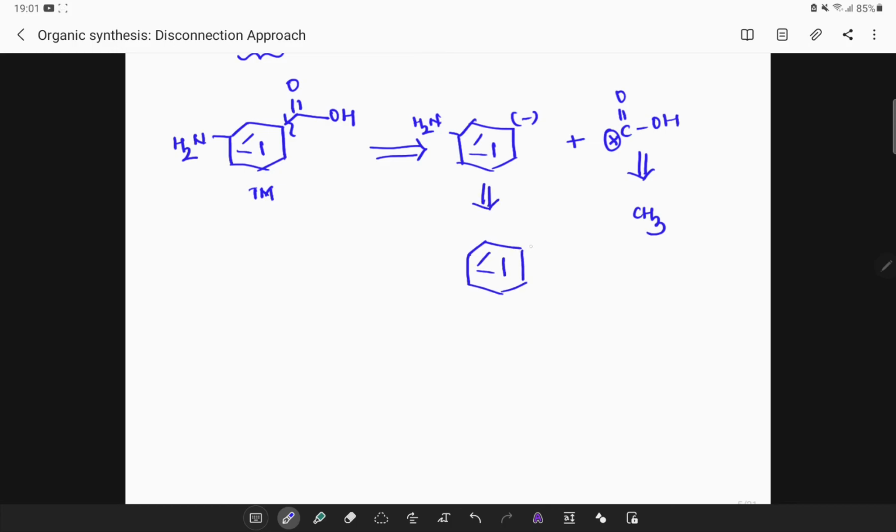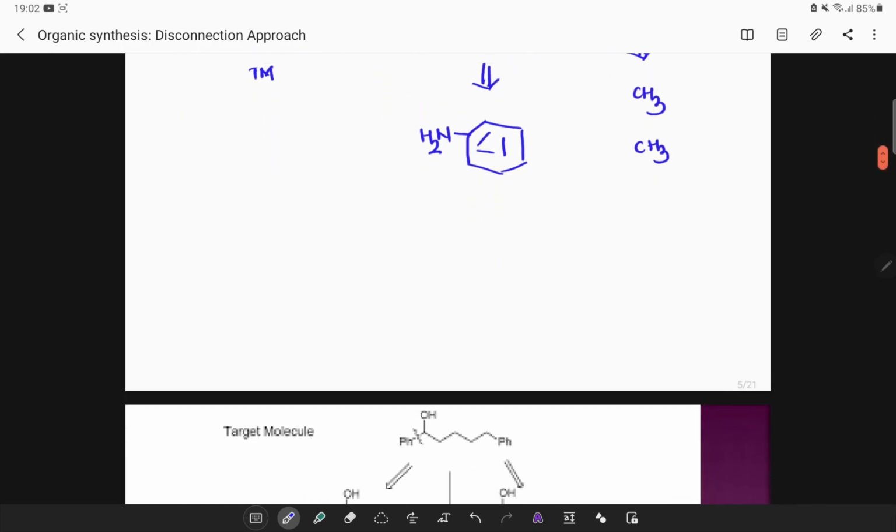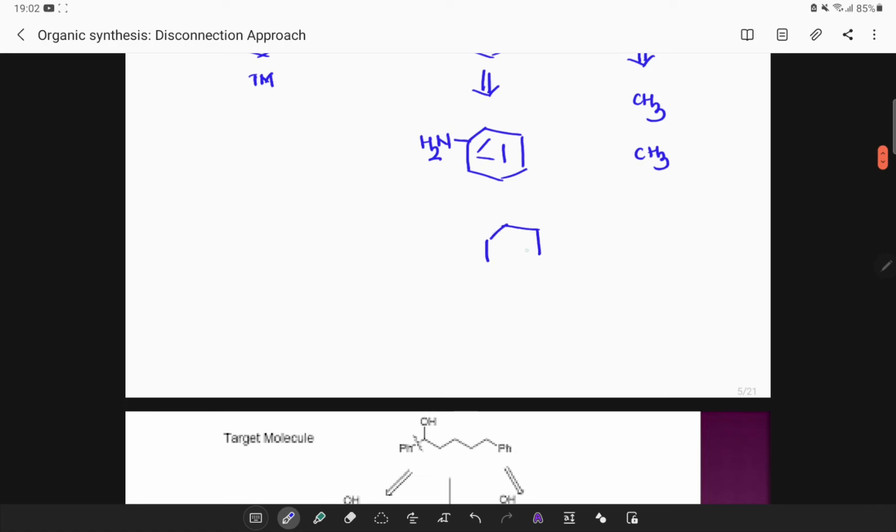So this is one of the routes in which we can make use of this CH3. A starting material that I can give would be the meta-amino toluene system.